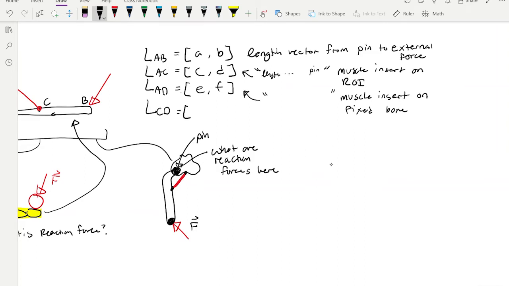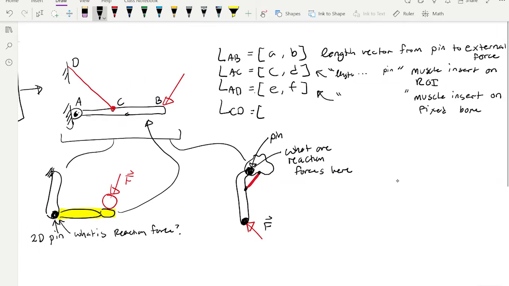Now, if we go look at vector math real quick, we say LAC is pointing that way. We have LAD pointing this way, and we want a vector pointing from C to D. So we write this out. This was A, C, D, and we know LAD is known, LAC is known. So now we can get C to D, right?